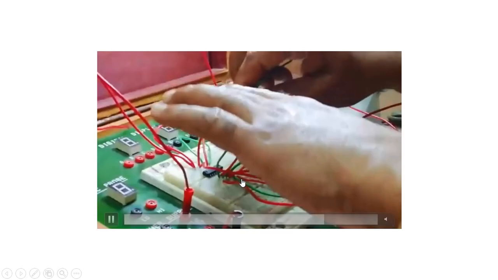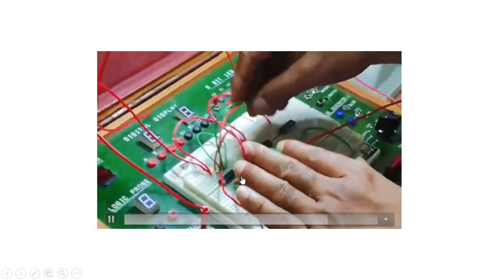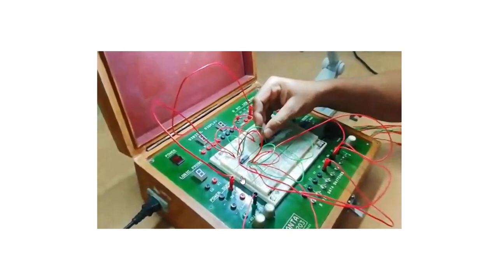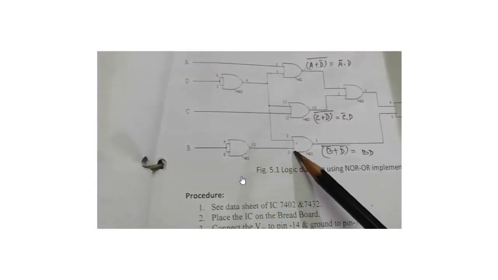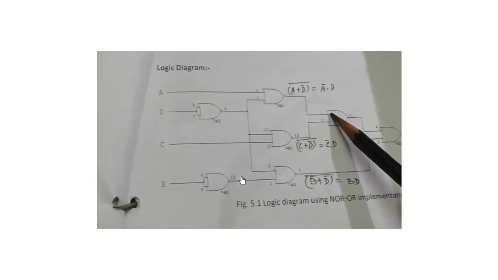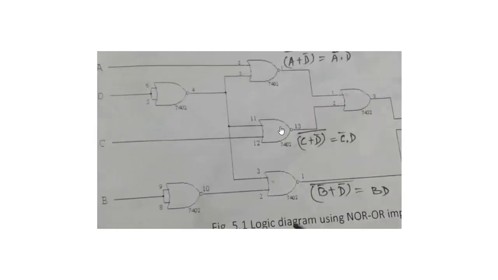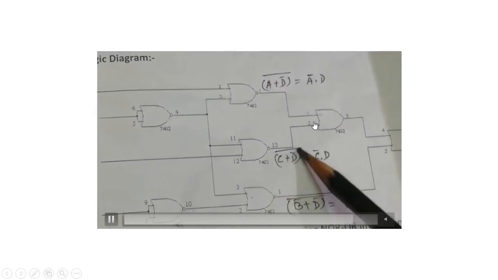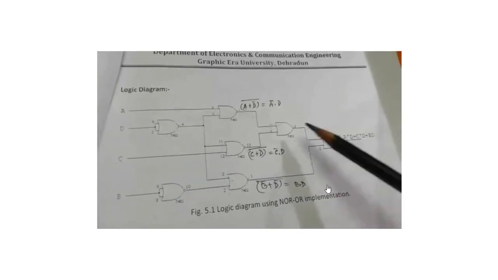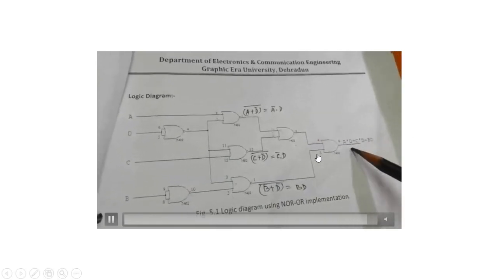Then this 4 is given to the 11th pin, this 3rd pin and this 3rd pin. Then this 10th is given to 2 and 1, and 13 to 1 and 2. And finally this output at this output.